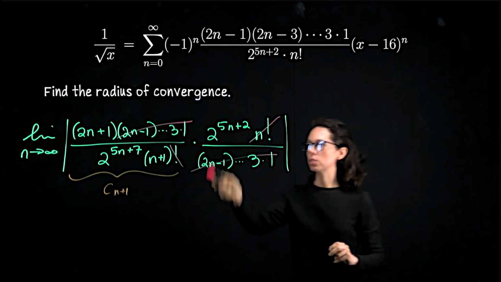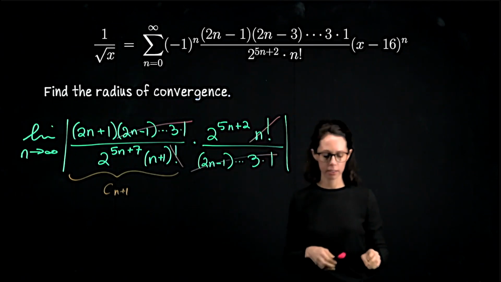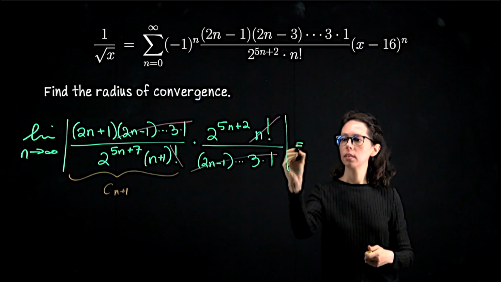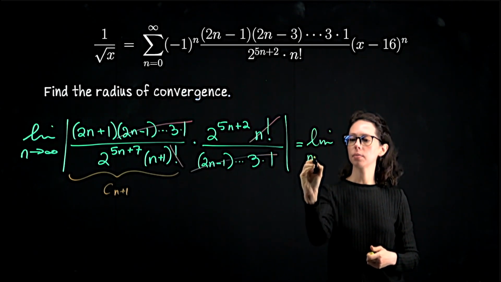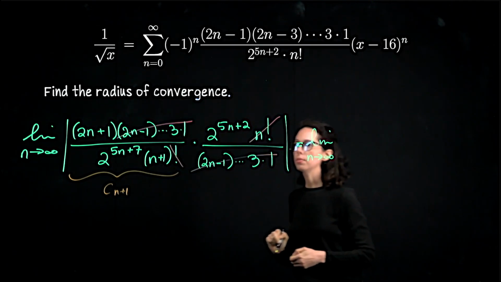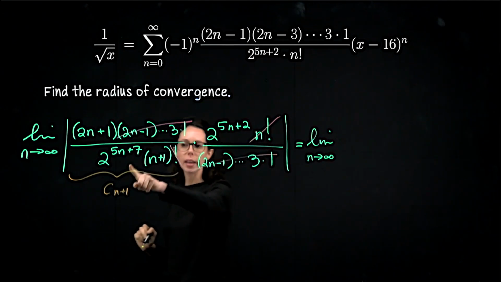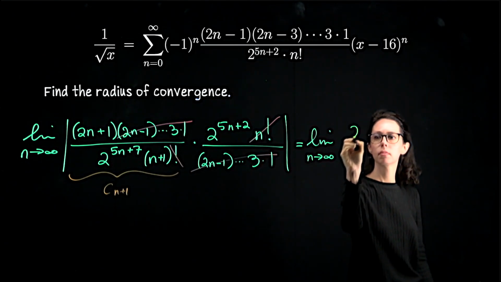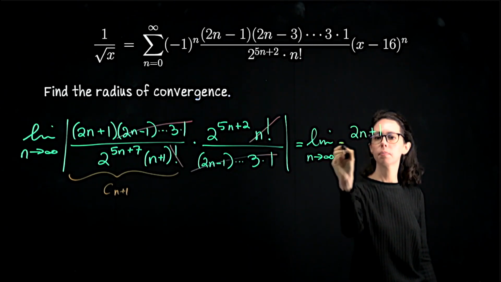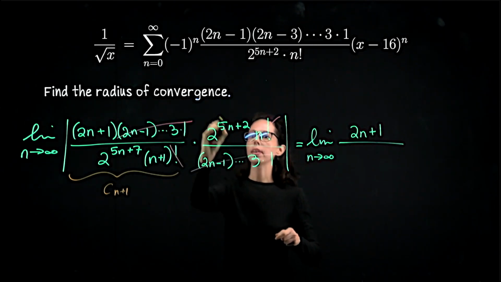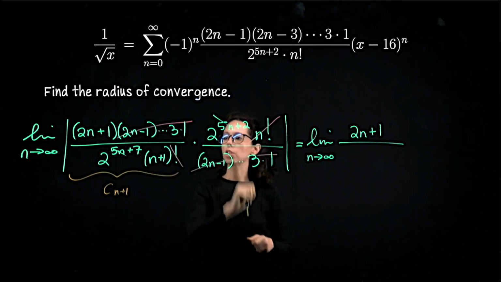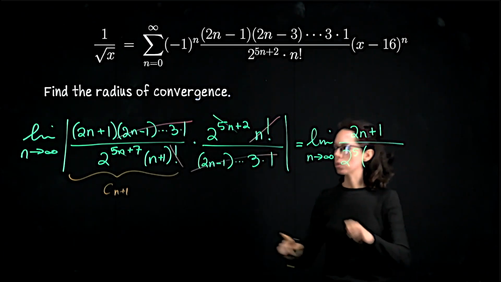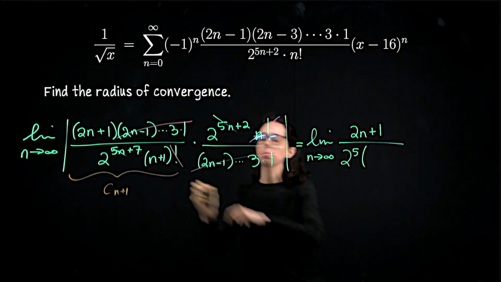And then these 2's will also simplify, leaving us with the limit as n goes to infinity of, this will divide into that, leaving us with just 2n plus 1 in the numerator. And then here the 5n's cancel. 7 minus 2 is 5, so we're left with 2 to the 5th from those two terms in the denominator times n plus 1.